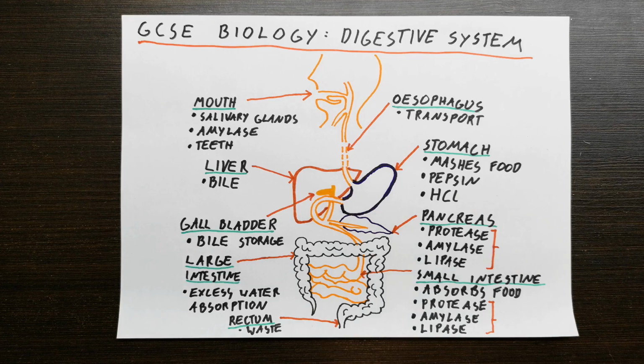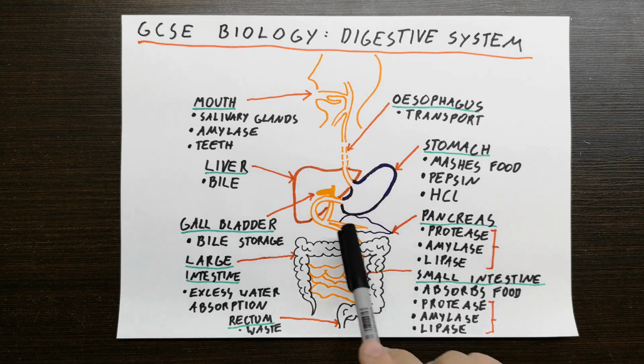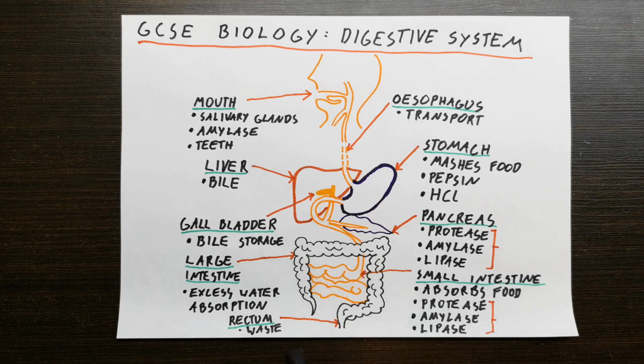Now, before we move on any further, small intestine is helped by other organs as well, by three other organs. Small intestine is helped by pancreas, which also releases the three main groups of enzymes, proteases, amylases, and lipases, that is released into duodenum, and then it also travels along with the food into small intestine.